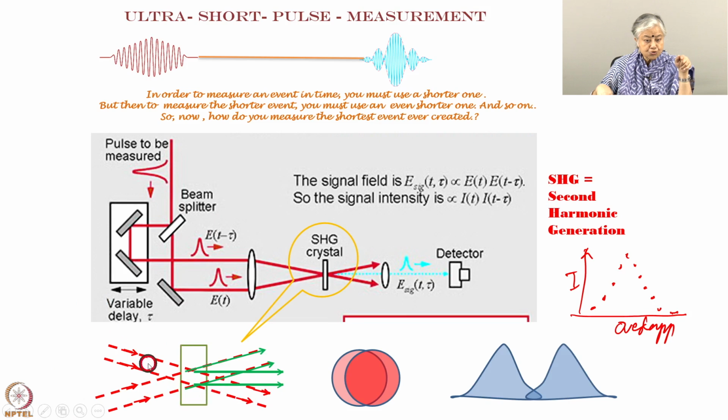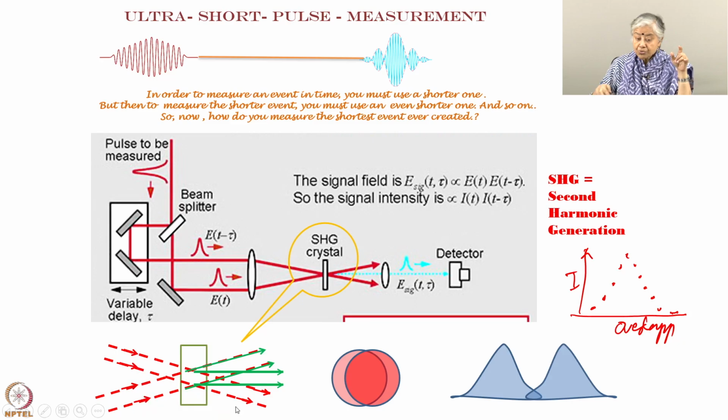And the moment these two beams, which are coming at an angle and are in fact passing through a lens, have a big divergence after the focal part of the lens, all that should be captured within my crystal. So, if this crystal is large, you are not missing out on the peripheral parts of the beam. Okay.